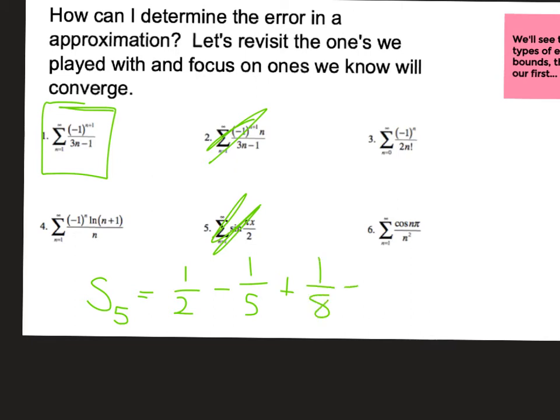Oh, so they're all going up by 3, so I can do that. 1, 2, 3, 4, and 5. So if I went to my calculator here and added those, plus an 8th minus an 11th, if I could press the buttons correctly, and then plus a 14th.